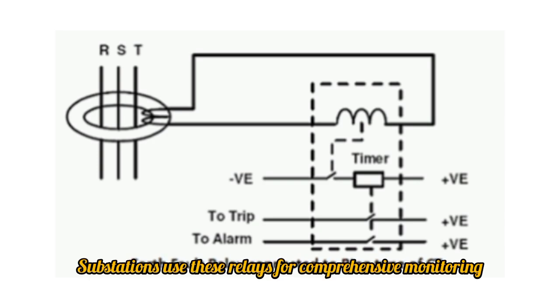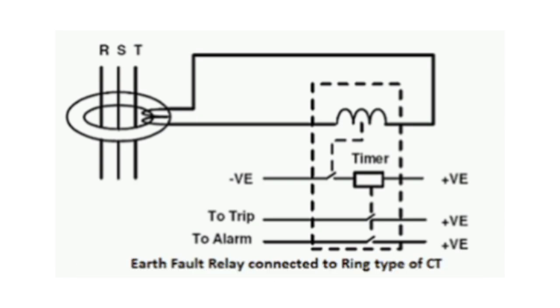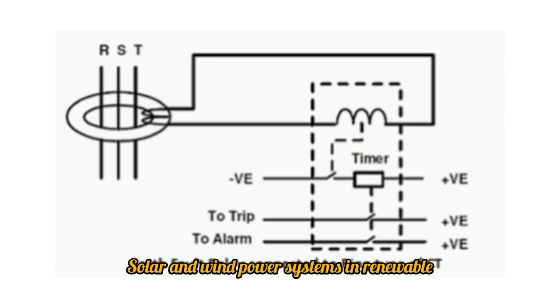Substations use these relays for comprehensive monitoring and automatic tripping. Solar and wind power systems in renewable energy installations need sensitive equipment to detect ground faults. Critical infrastructure facilities require secure electric power through railways and airport installations.